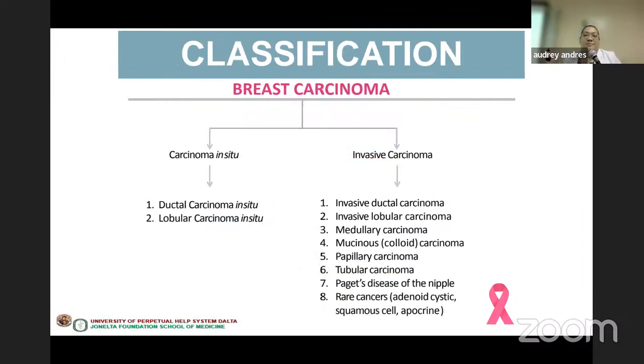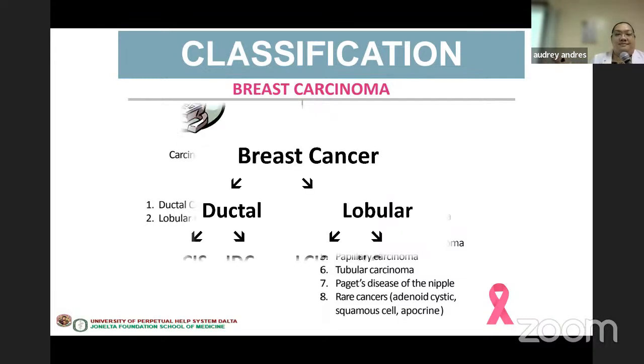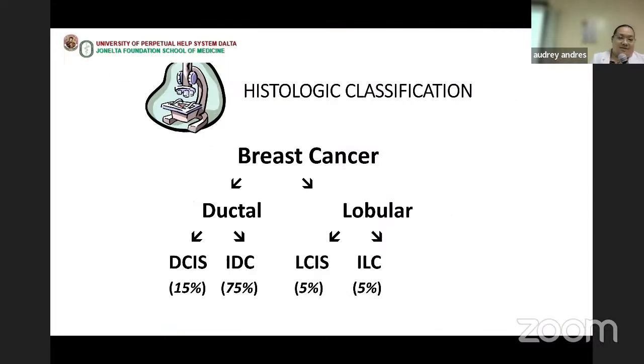So what's important would be your classification. Carcinoma in situ could be ductal or lobular in situ, and your different forms of invasive carcinoma. Okay. So histology classification. If you will see, most of your breast cancer would be ductal carcinoma.